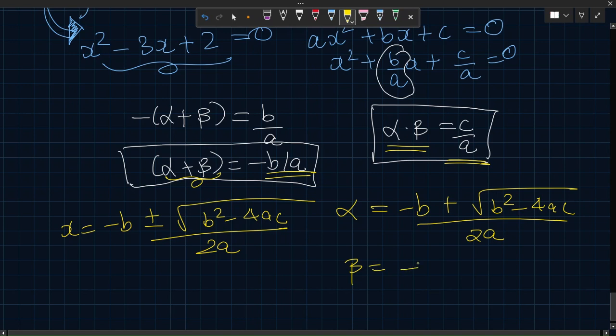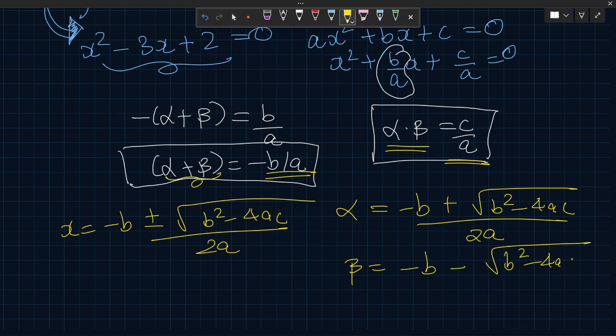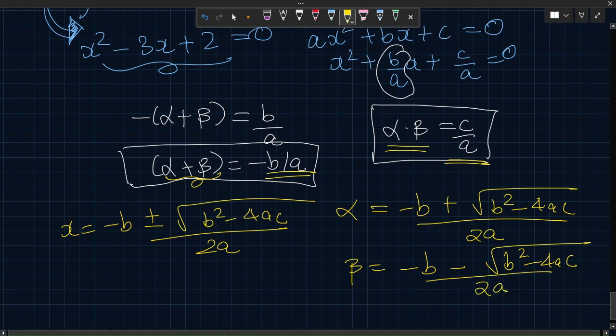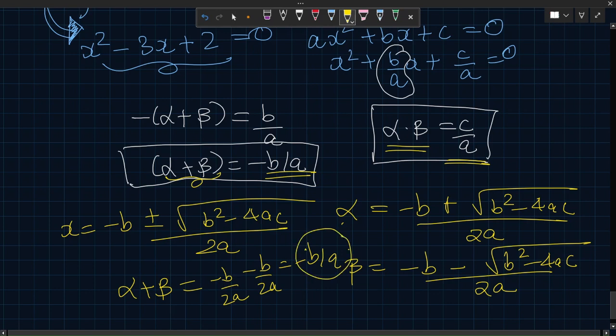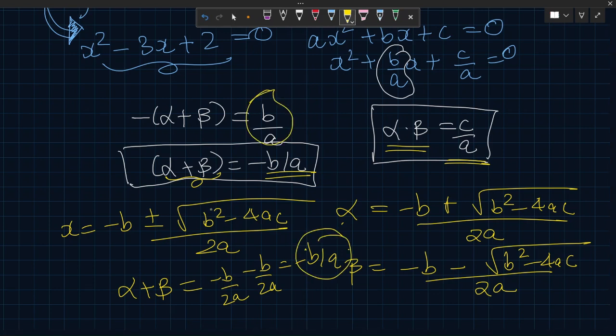Beta, the other root, is just minus b minus square root of b squared minus 4ac by 2a. If you add these two, alpha plus beta, this term is plus, this is minus, it will get cancelled. Effectively, you will get minus b by 2a minus b by 2a, which is just minus b by a, which is the same as what I have obtained here.